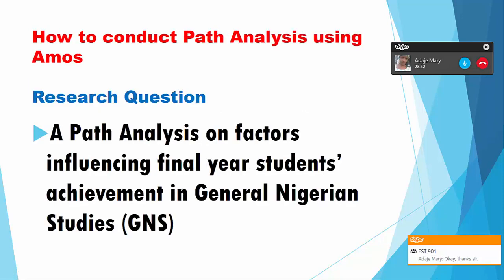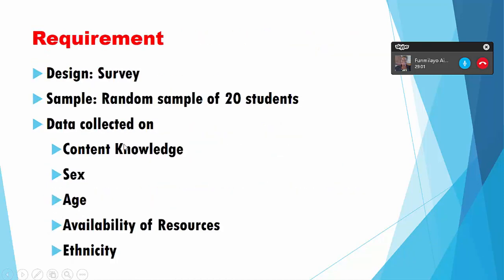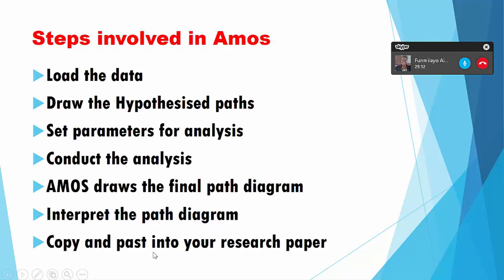The requirement for this is a designed survey. My sample population is 20 students. Data collected on knowledge, sex, age, availability of resources, and ethnicity. On slide 11, the following steps are required.